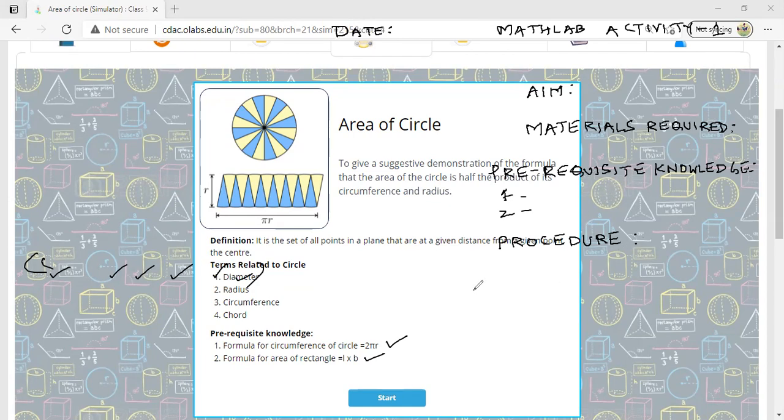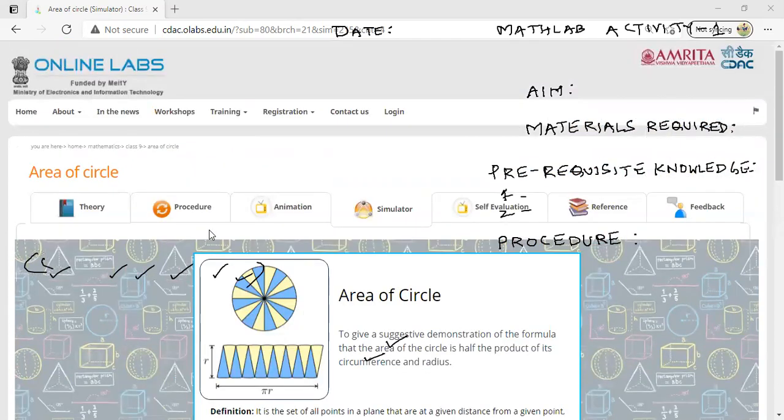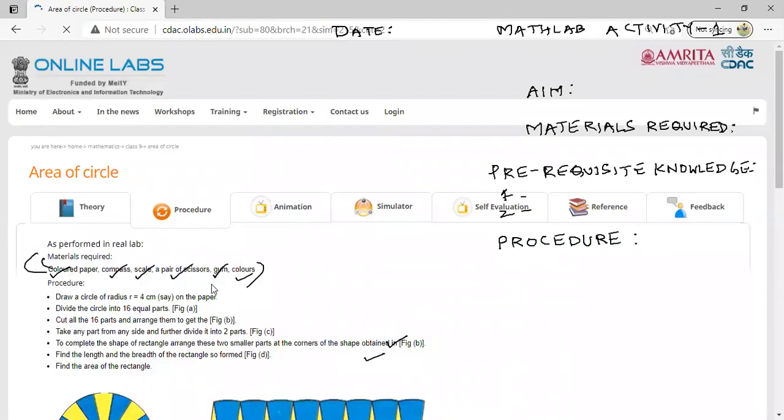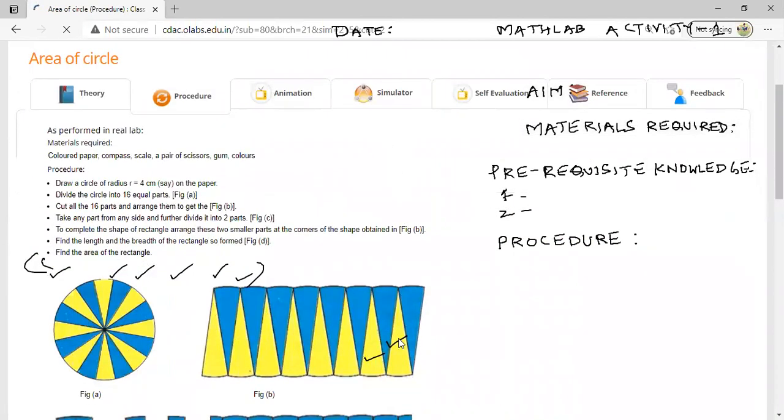Procedure. Where will you find the procedure? You have to go back to procedure. Now here we have two procedures.